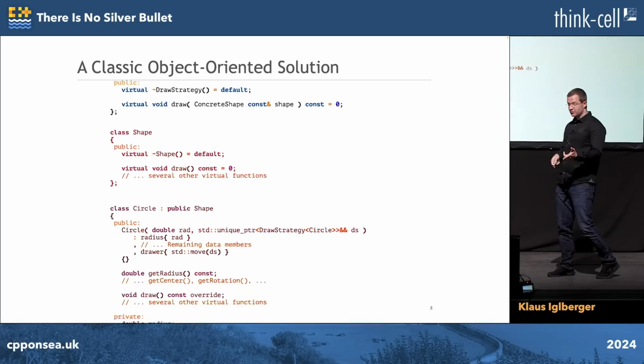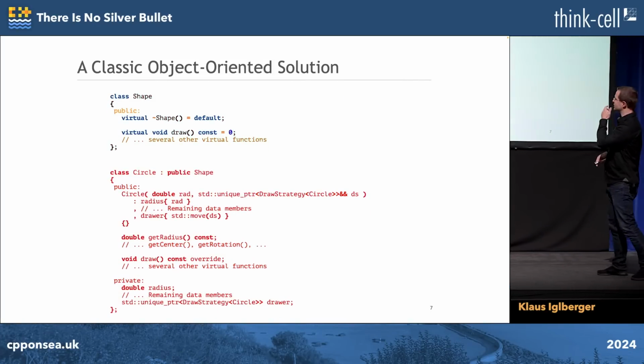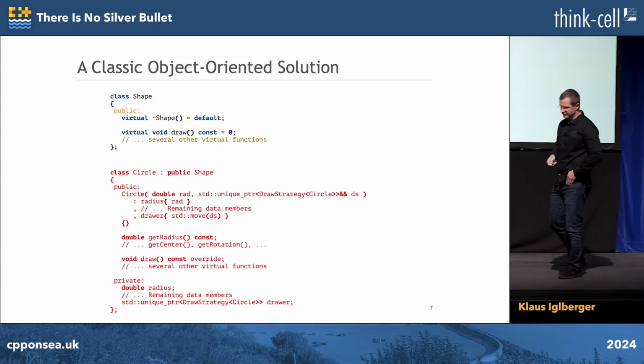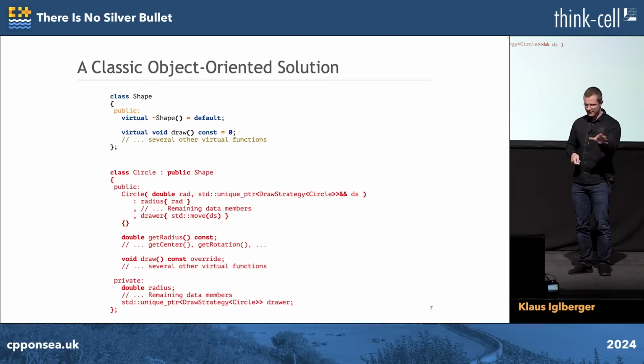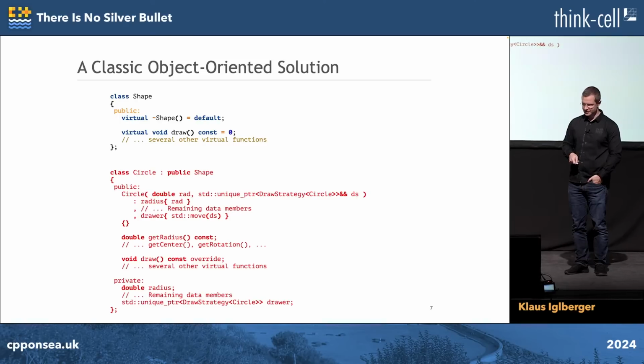And of course, there will be derived classes, like our circle. So circle itself is not particularly interesting. As a general note, you do not have to read through the entire code. I'll point out the really interesting parts. So of course, a circle has a radius that it stores, maybe other data members, center points, whatever.